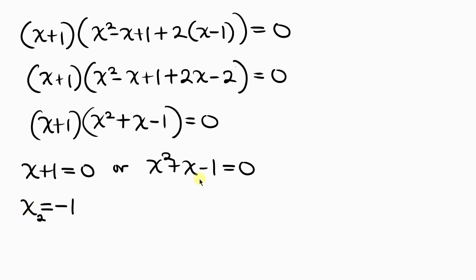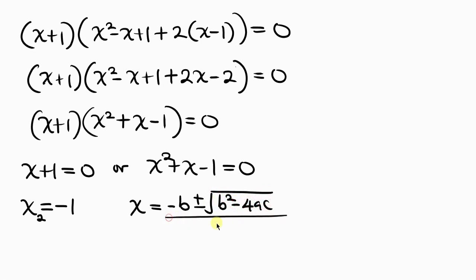Now moving to our second case, you notice that we have a quadratic equation. And we're going to be using the quadratic formula to solve this. So since we're looking for the value of x, the quadratic formula is x is equal to negative b plus or minus the square root of b squared minus 4ac all over 2a.